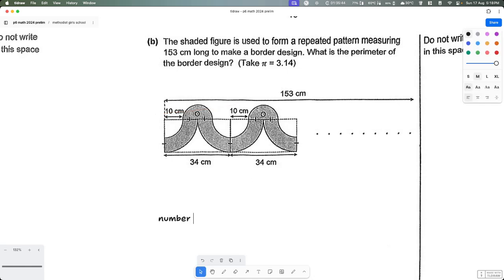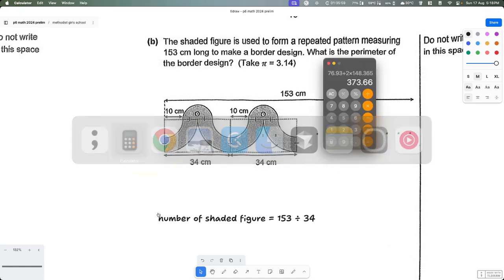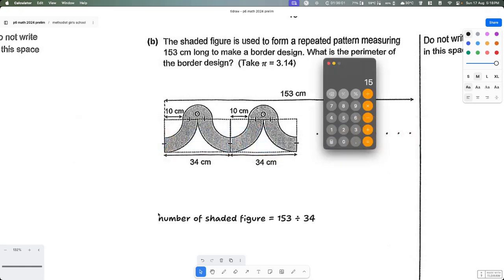So the number of shaded figures in the border design is basically just 153 divided by 34. This will give us 4.5.